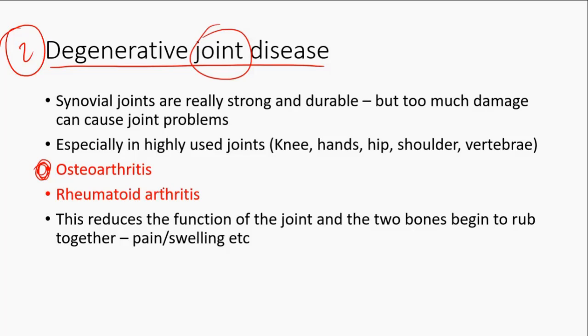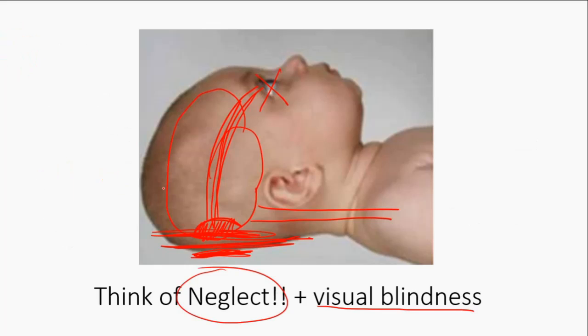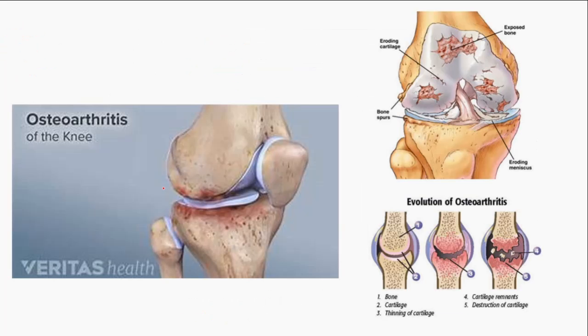And the reason for that, again, is that you have a lot of pressure on your bones. All of this pressure, after years and years, is going to break down all of that protective layer in the synovial joint, and the bones will begin to scrape on each other. So this is an example of osteoarthritis.